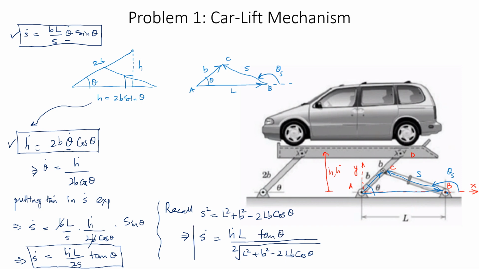So this expression is a nicer expression which connects the change in the hydraulic actuator, defined in terms of s dot, to how the height is changing with time. So this is for the hydraulic actuator, and this is for the car height.